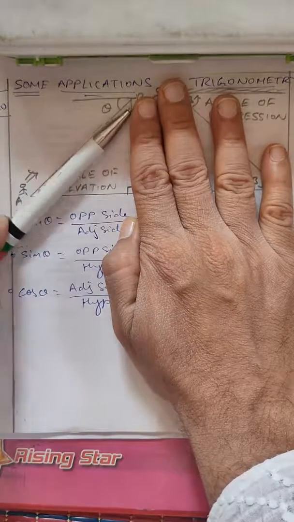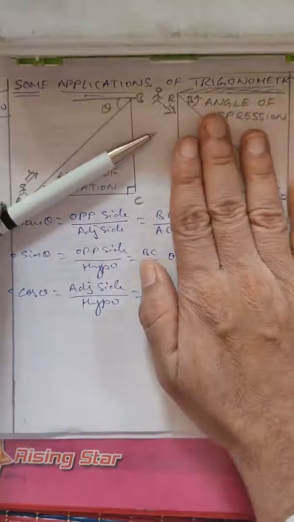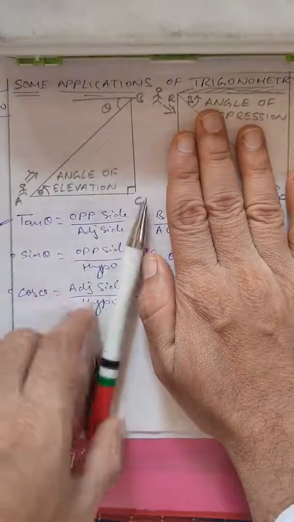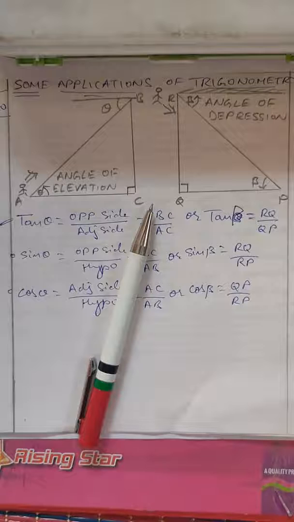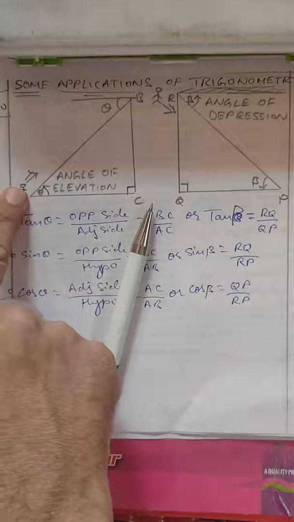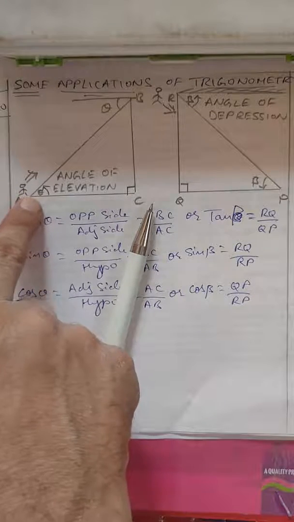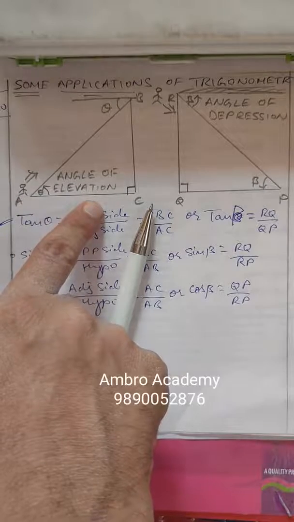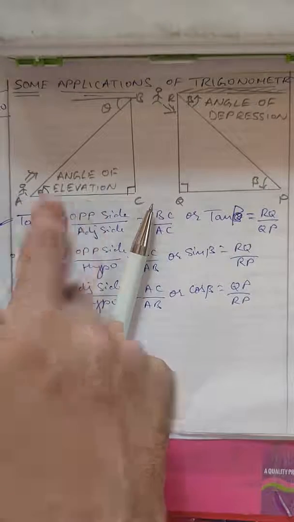Initially the angle was very small when the building was very far, and when the person moves close to the building, the angle will increase. So if they say the person is moving and the angle of elevation is increasing, that means the person is moving close towards the building. This is the most important thing.